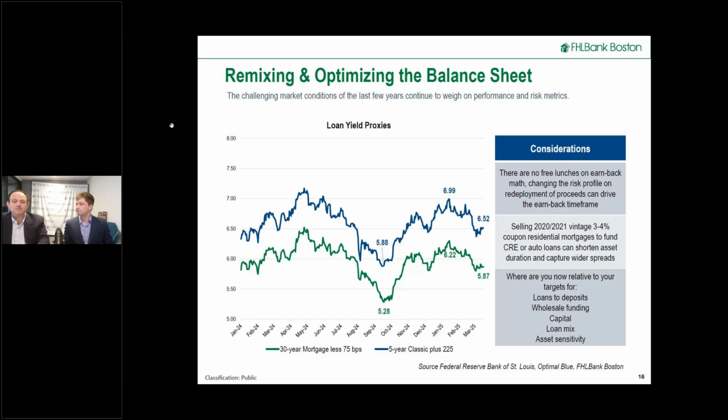Those core type assets that have wider spreads, and is the community bank or credit union edge, right? Your ability to underwrite your customer's credit. That's probably where we want to be focusing the most. There could be some opportunities there.